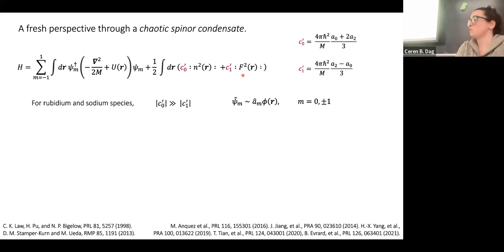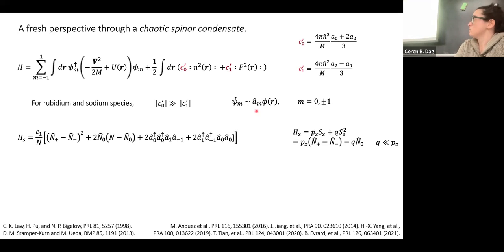And for these rubidium and sodium species, there is an imbalance in terms of the strength of these interactions, and that exactly gives us the single mode approximation. Under the single mode approximation, the wave function can be factorized into a spin part and a spatial part. The spatial part of these different spin components is the same, homogeneous, especially around the center of the trap, so we can take it out and end up with just a spin system, a spin Hamiltonian.